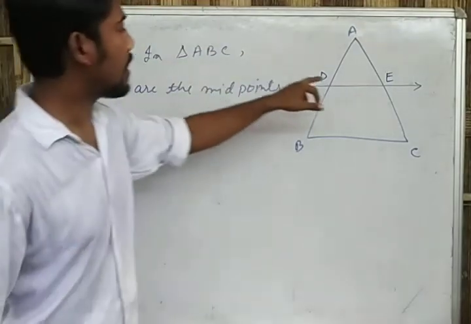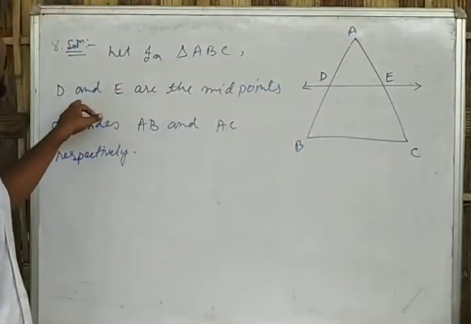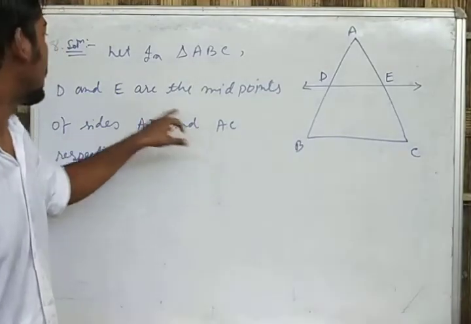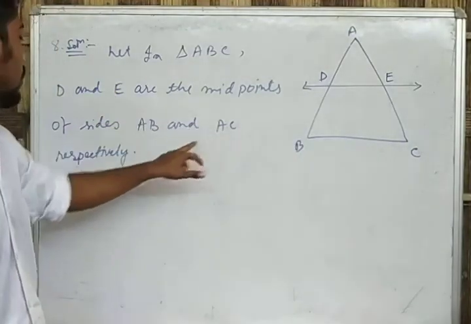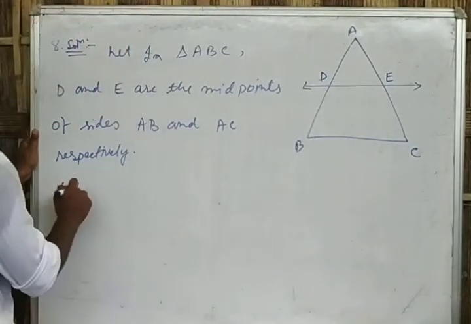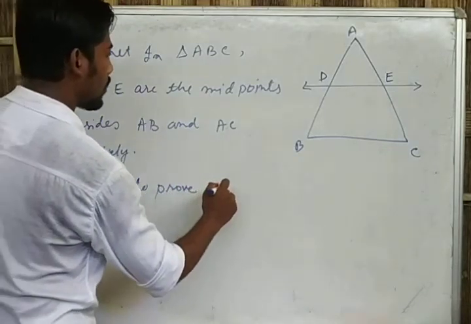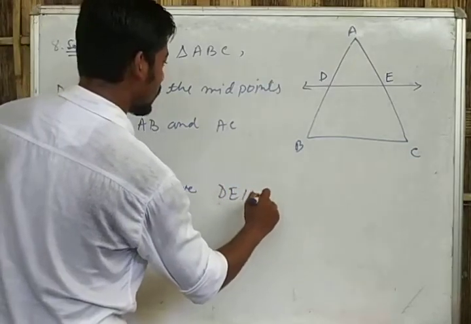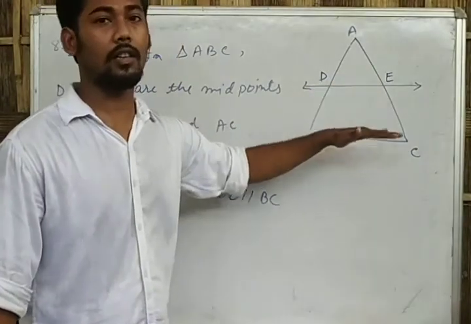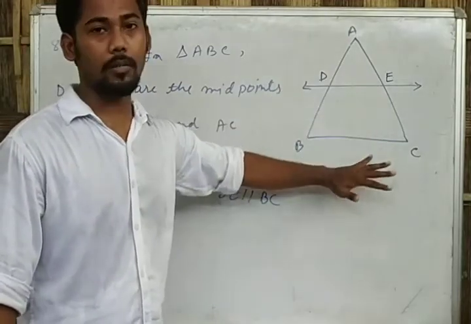That is, D is the midpoint of AB and E is the midpoint of AC. We need to prove DE is parallel to BC. The line DE should be parallel to the third side of this triangle, which is BC.